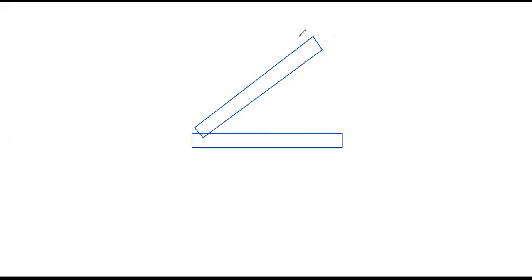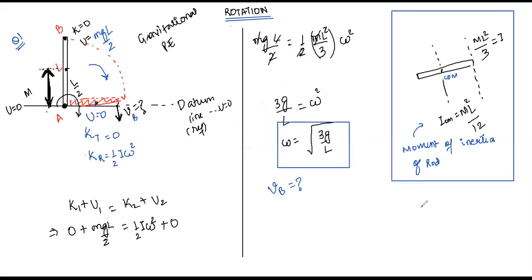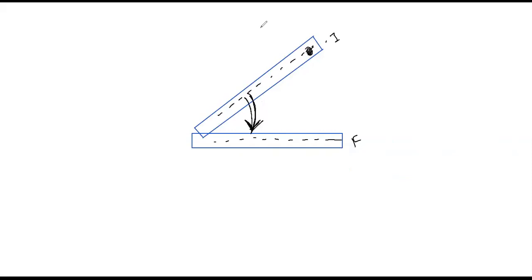It was over here at this position initially. This was initial position I. Then it came over here, final position F. Now, it has turned this distance. Now, as the rod has turned through some distance, every point on the rod has also turned through some distance.